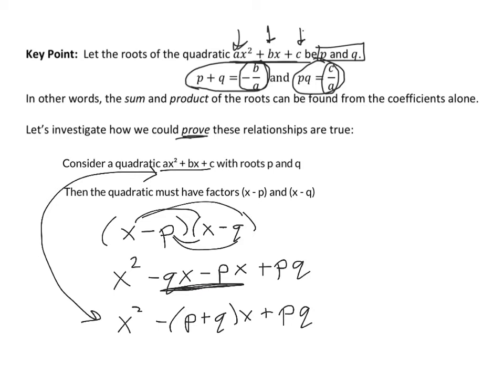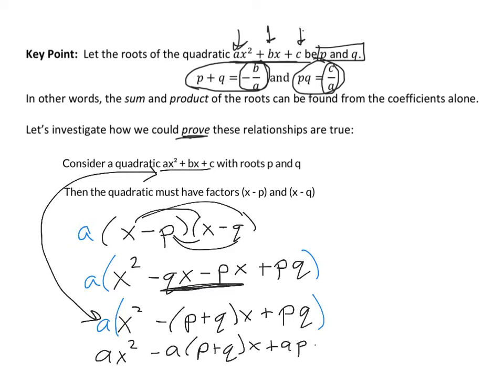And really, from the beginning of this problem, I could have had a constant multiplied on the outside of this, and it wouldn't have changed anything at all. When I put that constant here, I can see that my polynomial is ax squared minus a(p plus q)x plus apq. And then at this point, we're almost done with this.